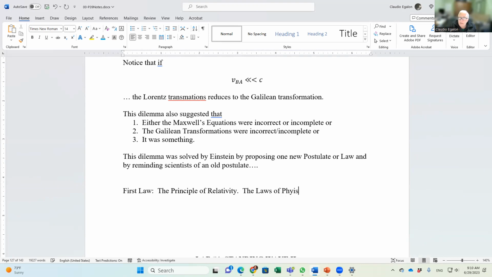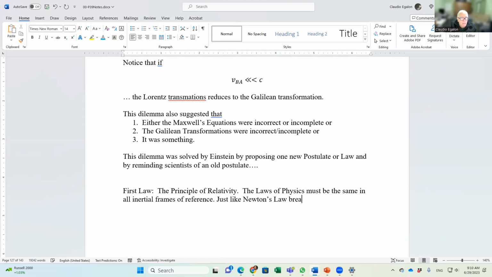The laws of physics must be the same in all inertial frames of reference. Okay? Just like Newton's law, right?